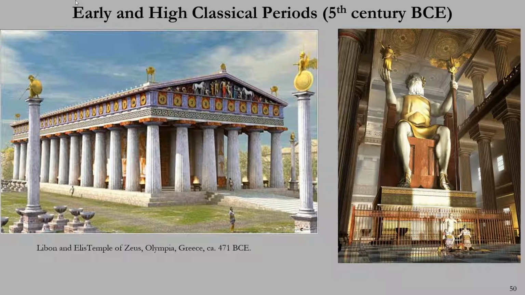And at the same time, the Greeks see themselves as separate from everybody else around them. The Greeks see themselves in a way as inherently better. They refer to those who aren't Greek as barbarians. This term really comes from the fact that they couldn't understand their language, but there was a kind of snobbery among the Greeks.